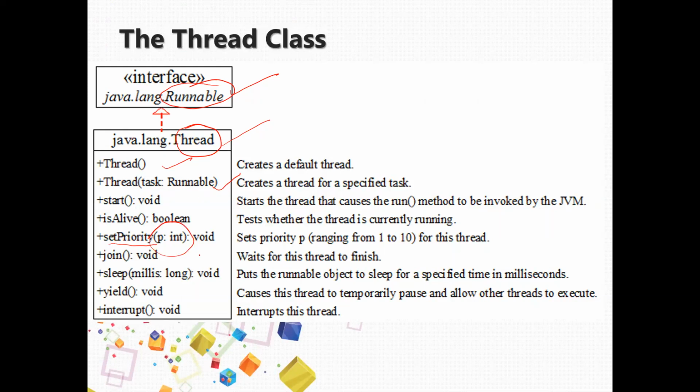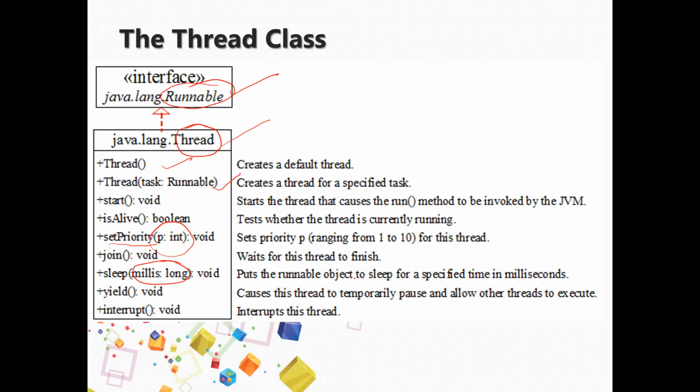These are not the only methods that exist in the Thread class. Some of the methods are listed here. If you use join, it will make the thread wait to finish. And sleep takes an argument in milliseconds. Suppose I give sleep of 1000, then it is 1 second.